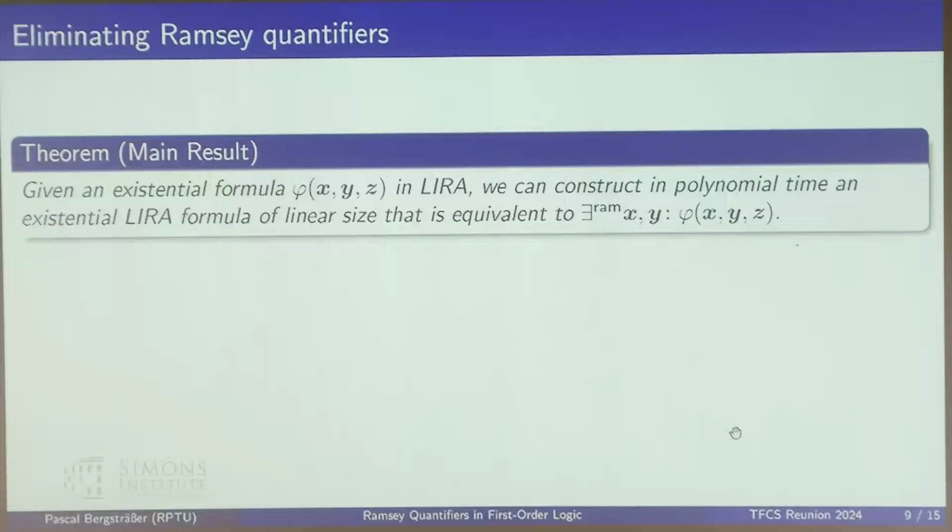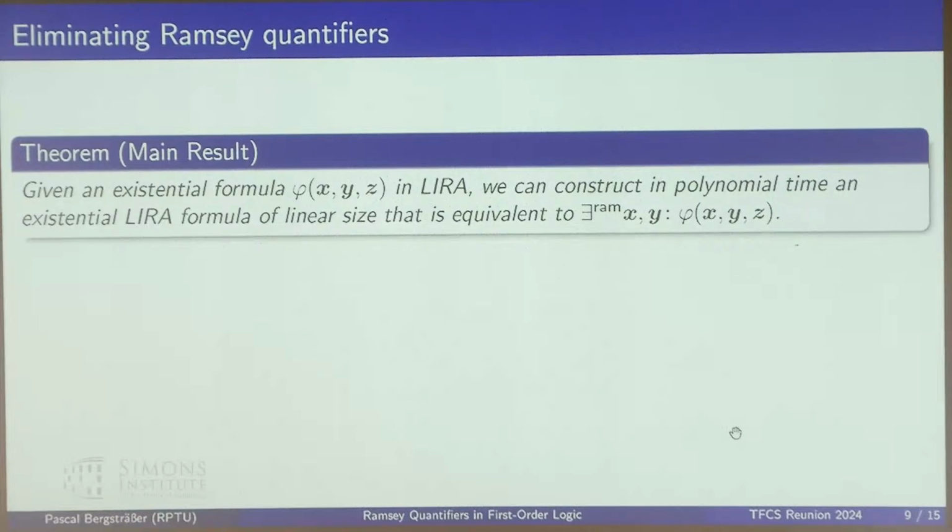This brings me to our main result. If we are starting with an existential formula in some linear arithmetic, so this comes from SMT theory, like over the integers, or the reals, or both, the mixture where you can take the floor operator, or check for integers as you want, we can construct, in polynomial time, a formula of only linear size, which also has only existential quantifiers, such that it is equivalent to this Ramsey quantified formula.